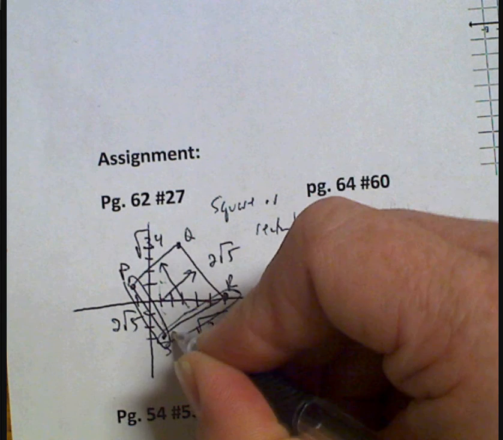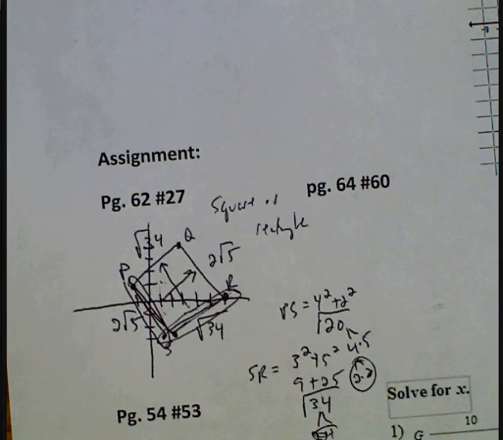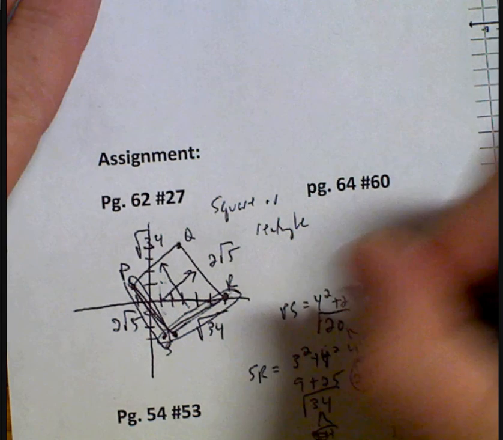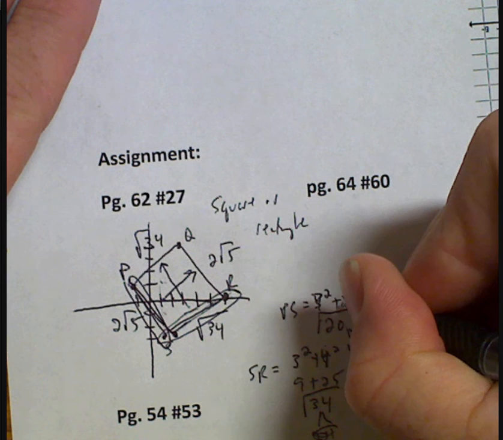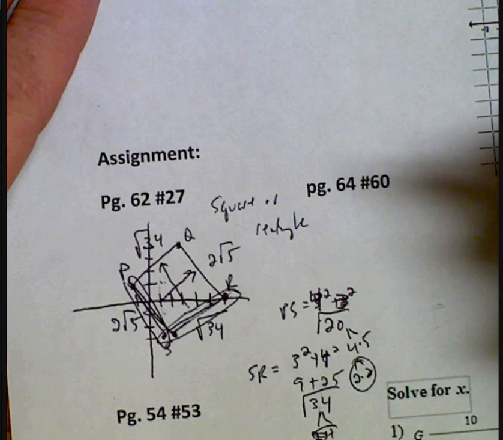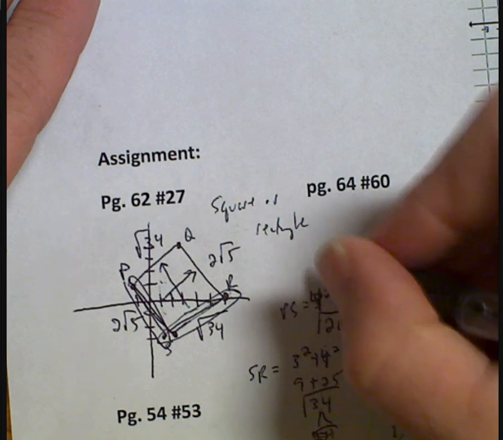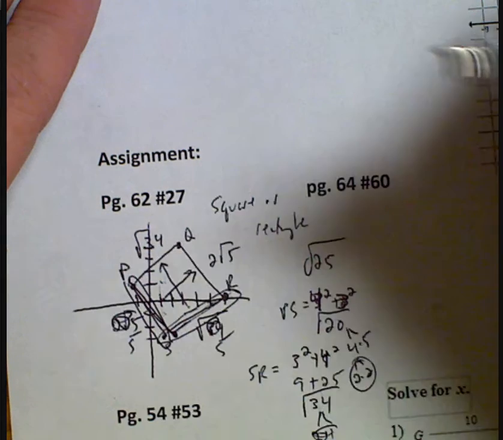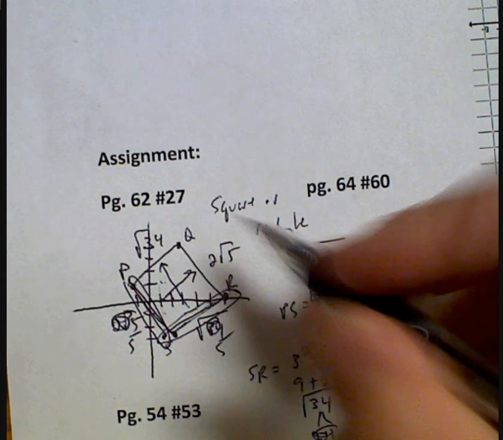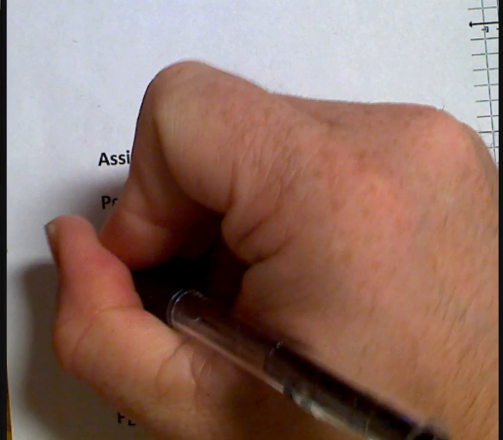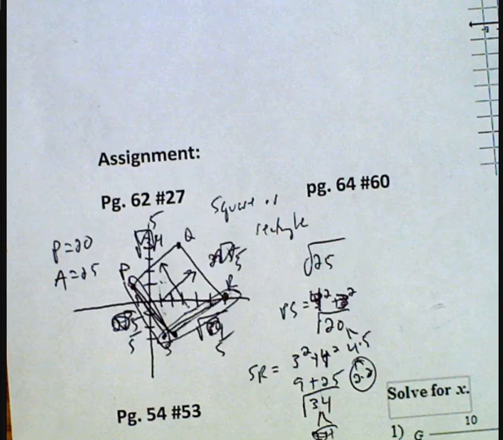Darn it, 2, negative 3. So I was off by 1. I went up 4 over 3. So these are the same. 4 squared plus 3 squared is 16 plus 9, which is 25. So the square root of 25 is 5. This is 5. I apologize. So these are 5. So this is actually a square. So the perimeter would be 20, and the area would be 25.